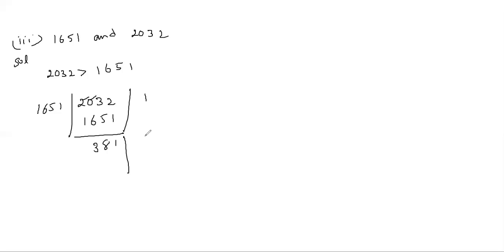So now again, divide 1651 with 381. When you're dividing, check it roughly. 381 times 4: 4 ones are 4, 4 eights are 32, 4 threes are 12, 12, 3 is 15.